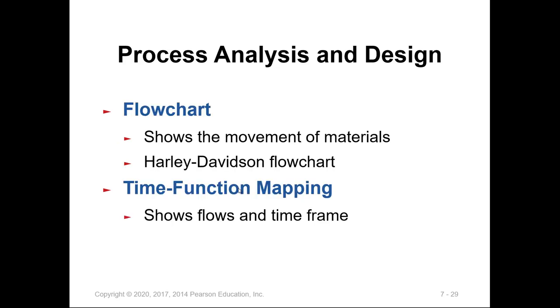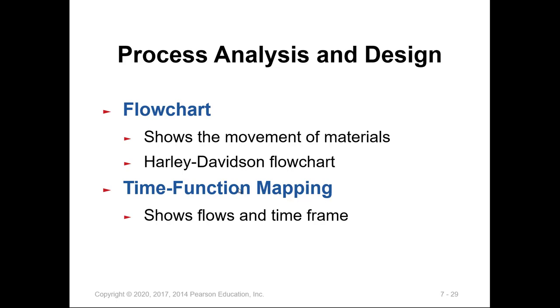To analyze the process, we can draw a flowchart diagram that can show the material movement or information movement. We can also map flows to time frames through time function mapping, or by using value stream mapping, which includes all value added beyond the immediate organization.